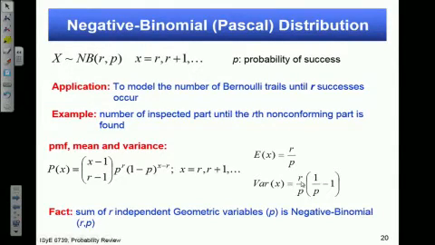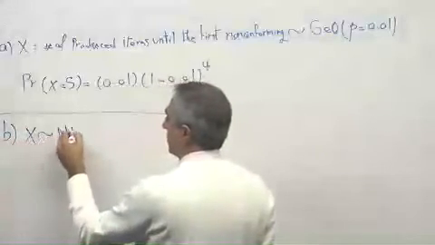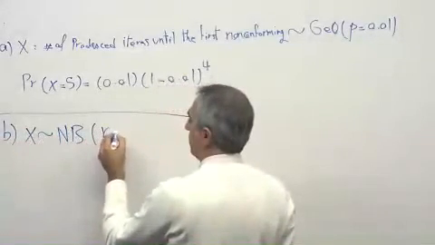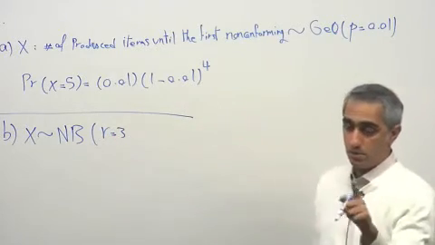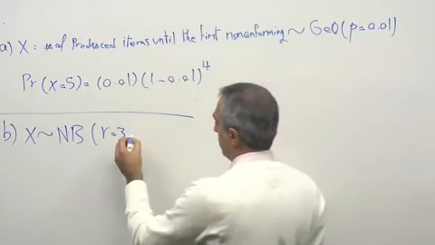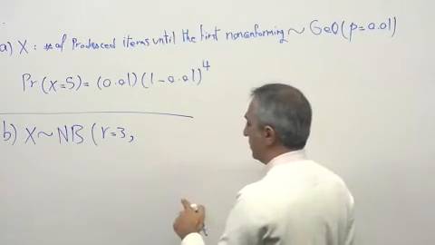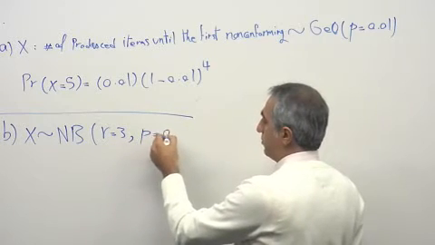This was part A. For part B, X follows a negative binomial with R equal to 3 because we want to continue the experiment until the third failure, or basically non-conforming weld, is made, and your P is equal to 0.01 again.